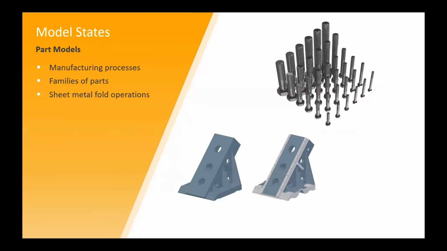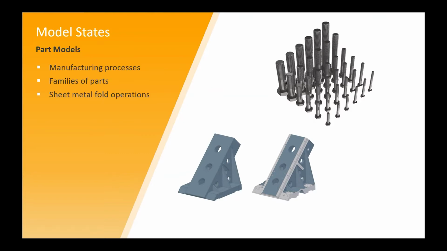So we can have different dimensions, parameters, different components or properties or simplification functions. But because these all exist in the one file, there's no need to worry about breaking associations between files. And I'm sure those of you that have been working with any 3D modeling package, this is a very important consideration, is that association link between multiple files.